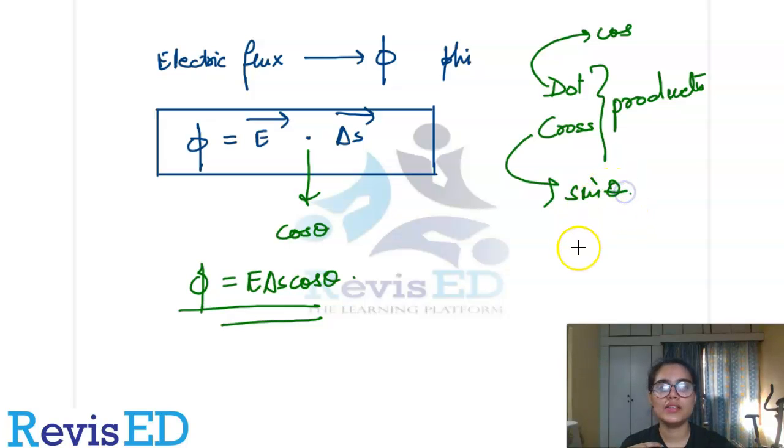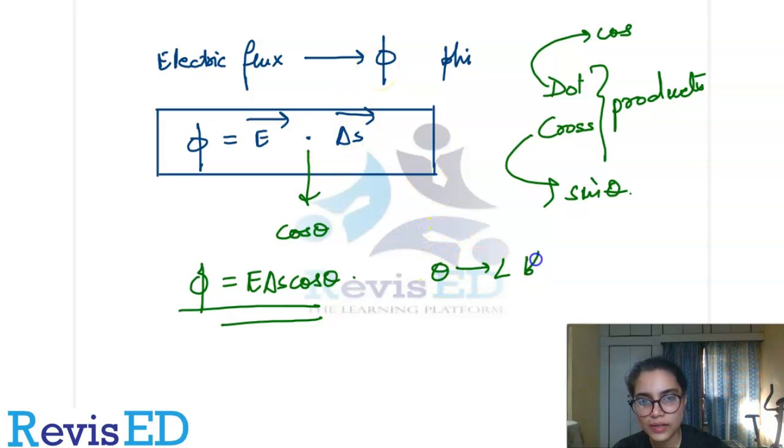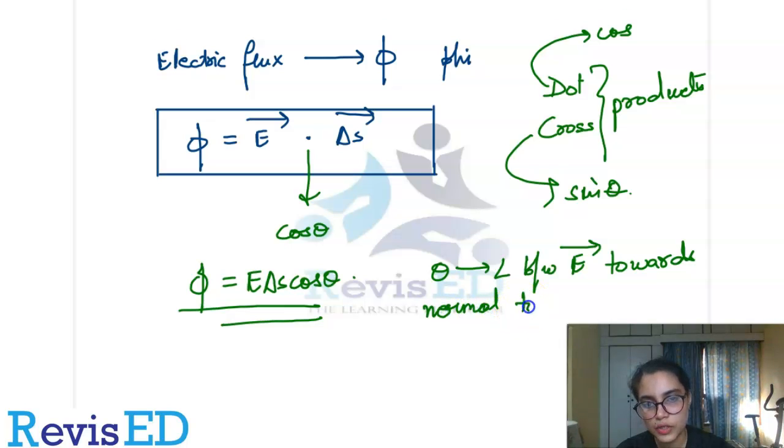So this is the definition of your electric flux, and I hope the concept is clear to you, where theta is the angle made between the electric lines of force and the normal to the area element.